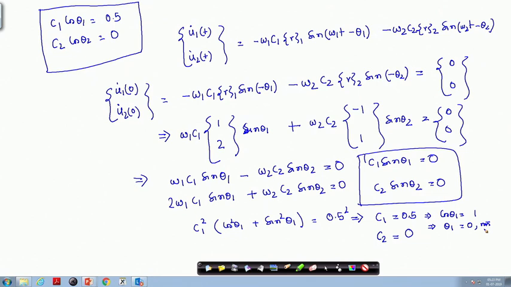So, now if this is the solution, we can actually get rid of this and we just can say that theta 1 equals to 0 is going to be a solution, because all other even multiples of pi are also going to go back to the same phase. So, it is almost equivalent to take theta 1 equals to 0.